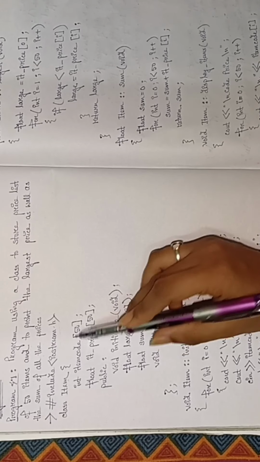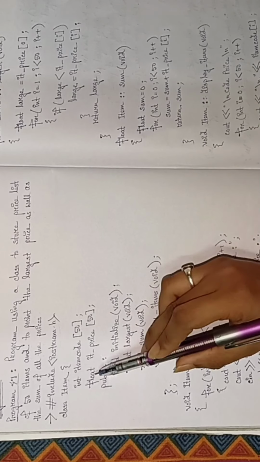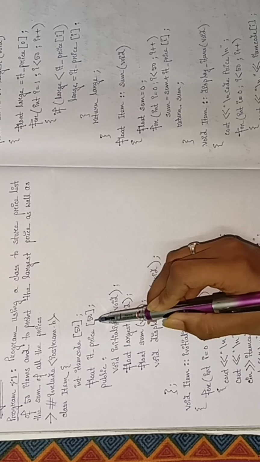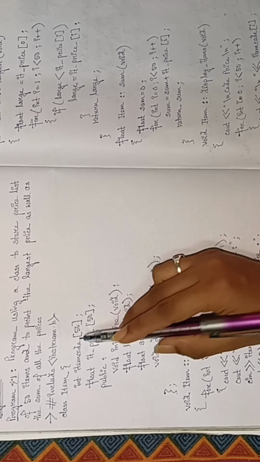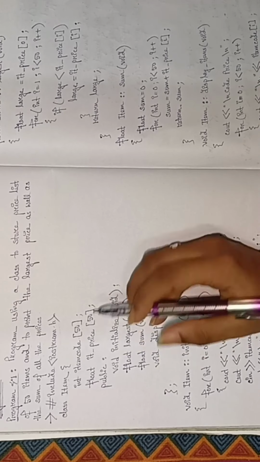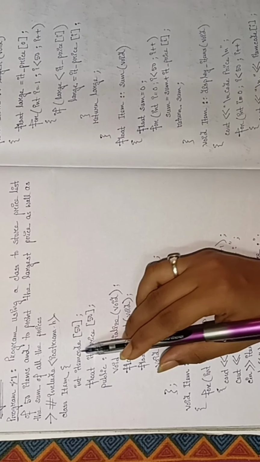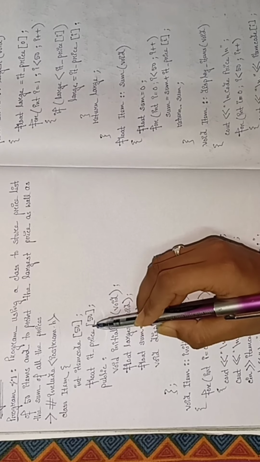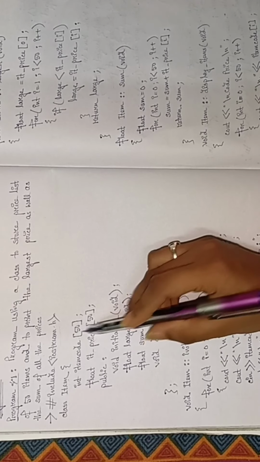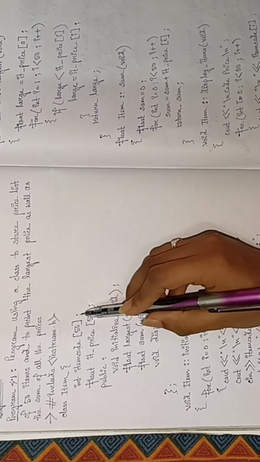So for the item code we take an array of 50, and float item price, this is also 50, meaning this will store according to the item code. The item code will be given some prices. Suppose item 101 has price 50, item 102 has price 80. Like this it will be stored in both the arrays, item code and price, for 50 items, okay?